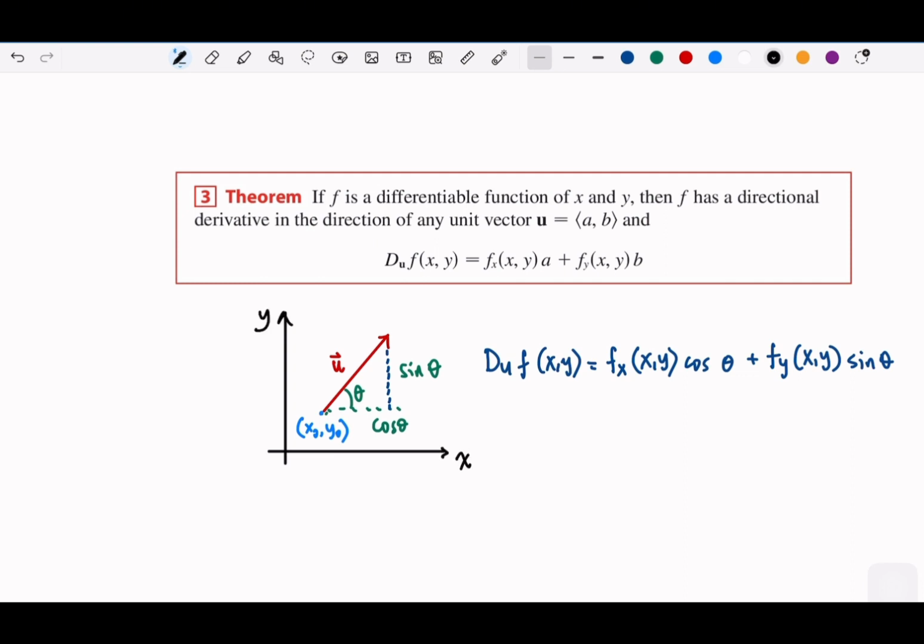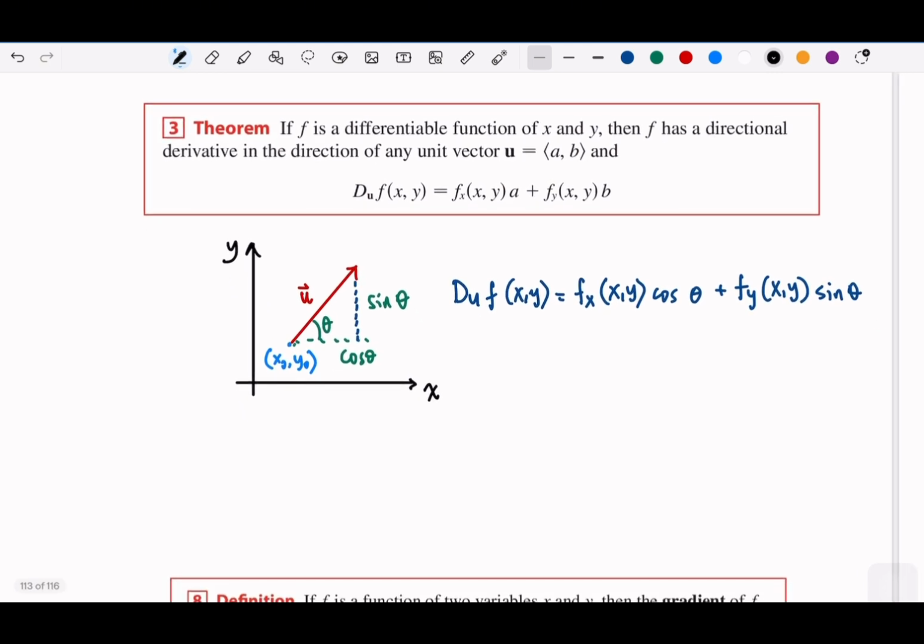Okay, so you can also relate to the theta.